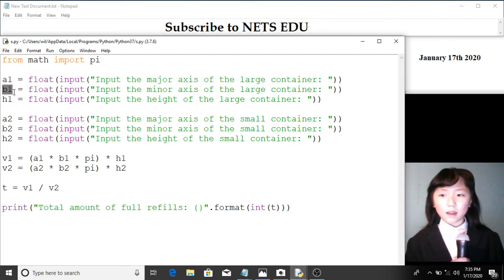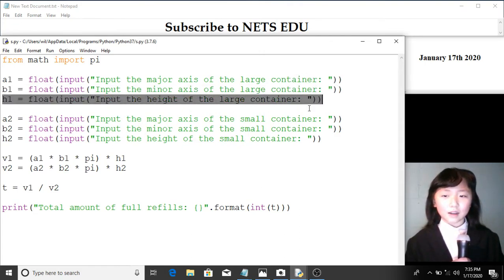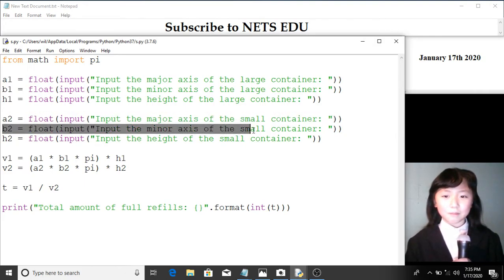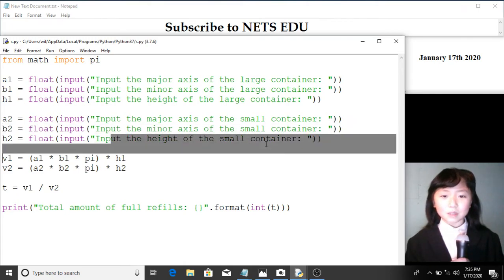And B1 is the minor axis of the large container, and H1 is the height of the large container. A2 will be the major axis of the small container. B2 is the minor axis of the small container. H2 is the height of the small container.